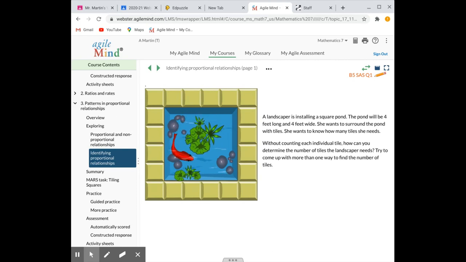When I say a description, I want you to think up a description, and the entire class is going to try to decide whether you're talking about a proportional or a non-proportional relationship. I want to give you about a minute to think up an idea, basically your own sentence.